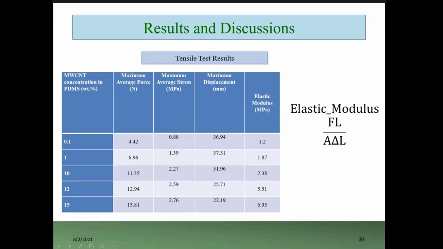So when I saw that the displacement is decreasing, that means my film is becoming stiffer. So I stopped the test at 15 weight percentage because I need a film that is flexible, with very good elasticity, because I have to depend on the bending to check the change in resistance when I flow the fluid through the channel.